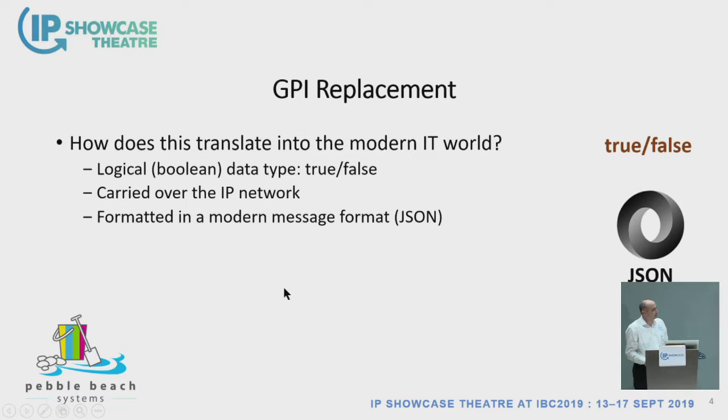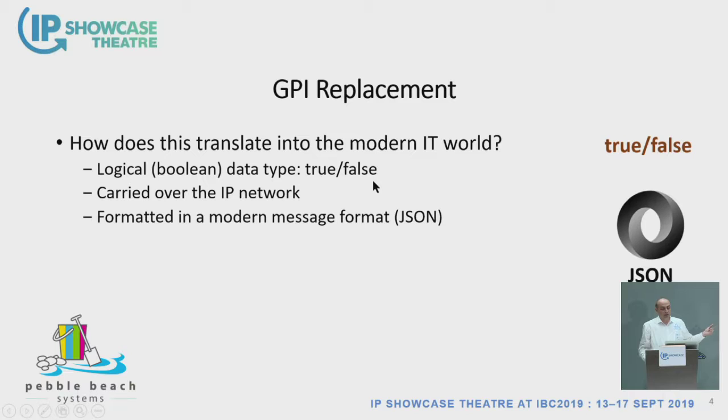We needed to come up with an equivalent that would be an open standard and which would hopefully get a lot of traction, so the vendors would support it and you would be able to connect them easily. So looking at those requirements, we started with simple GPI and looked at how it translates into the modern IT world.